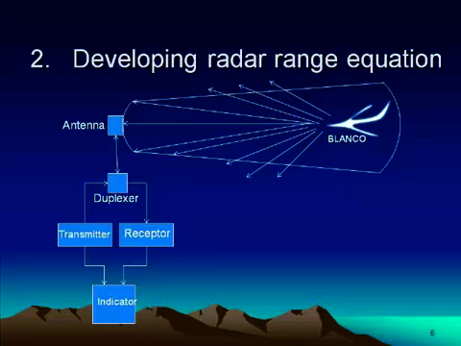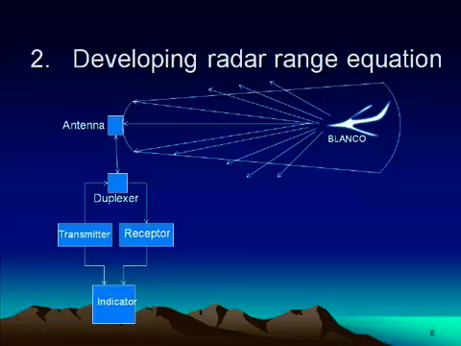The electrical parameter equivalent to this is given as the radar cross section, or the cross-sectional area of the target as seen by the radar, and it is represented in meter square.